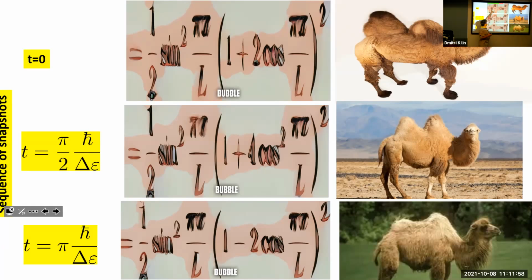First factor will be always sine square of the half period frequency. And the second factor will be square of either 1 plus 2 cosine, 1 minus 2 cosine, or 1 plus 4 cosine square of the same argument. So if one plots these equations, one will get the images that Sibel prompted to us.